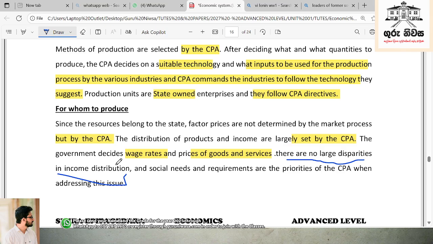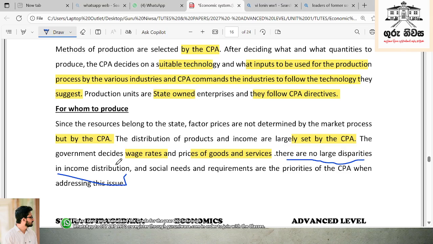Son, if income distribution is equal, what does it mean? Everyone earns the same income. Is it practical? Is it possible? Doctor, cleaner, driver, lecturer, everyone earns the same income. It's not practical. Based on your qualities or skills, there should be the freedom to earn, right?